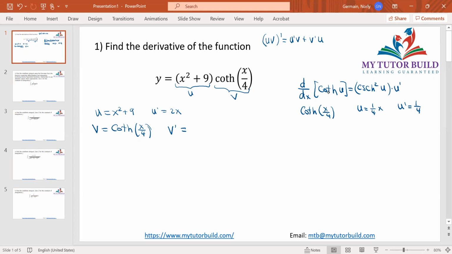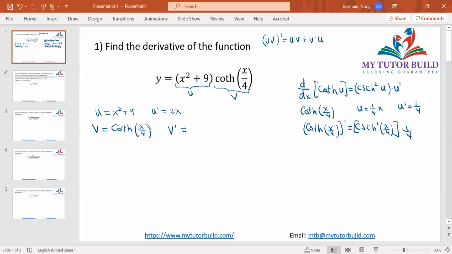Now, if we go here, we know that the derivative of hyperbolic cotangent x over 4 would be equal to hyperbolic cosecant squared of x over 4 multiplied by 1/4.